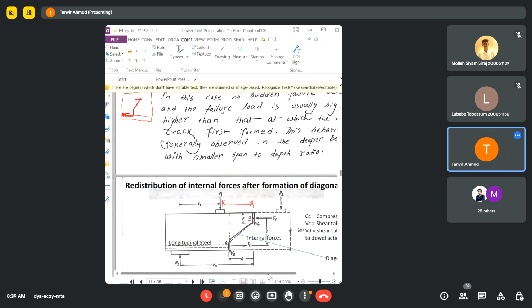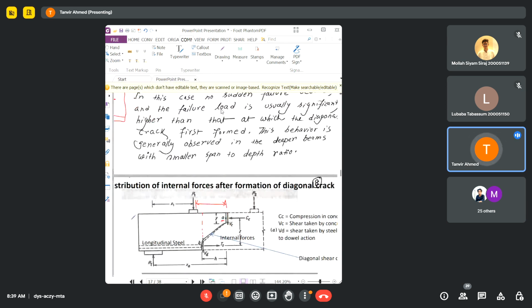Because in a deep beam what you have, যখন বিমের ডেপথটা অনেক sufficiently large থাকে, say for example this depth is h, or you can say the d value, the effective depth.